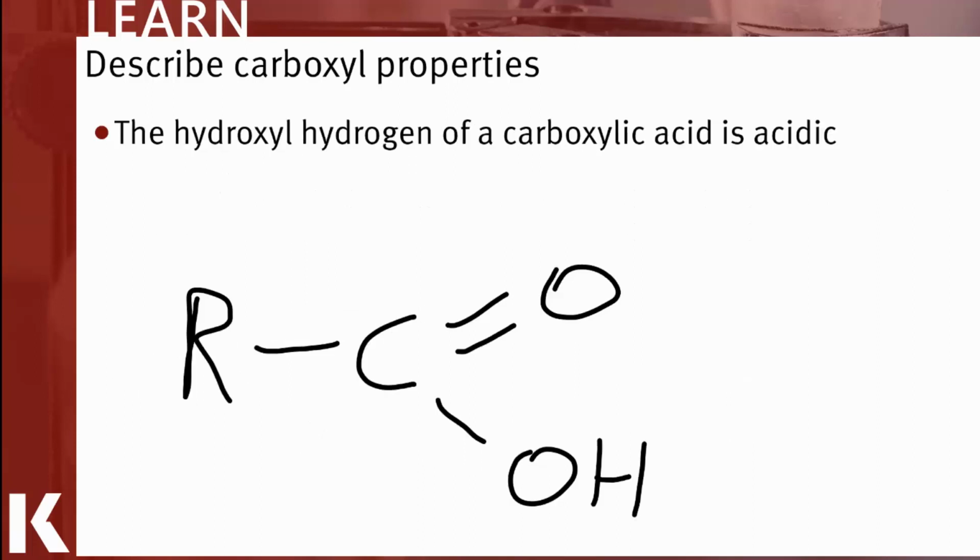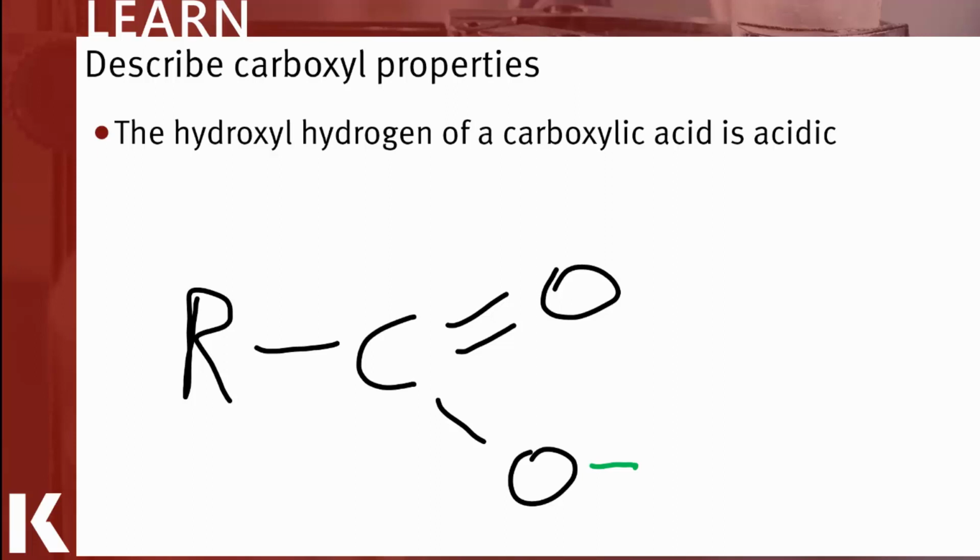Of course, a carboxylic acid is most fundamentally an acid, and that means that it donates a proton to solution, and when it does that, it becomes the conjugate base, or a carboxylate anion. Now, the strength of any acid depends on how good its conjugate base is at handling the negative charge that results when the proton leaves.